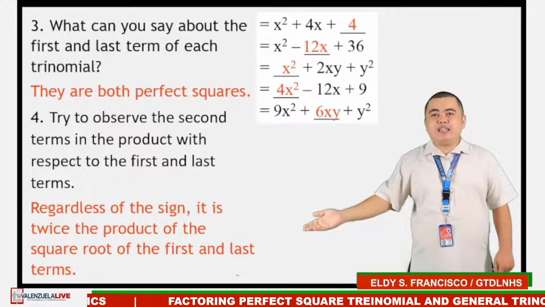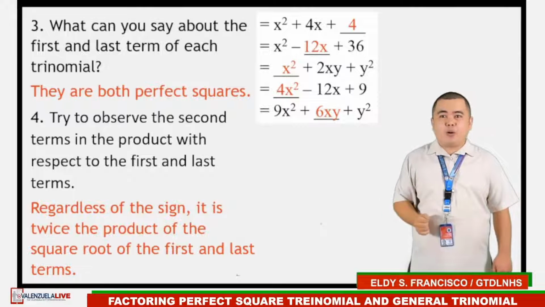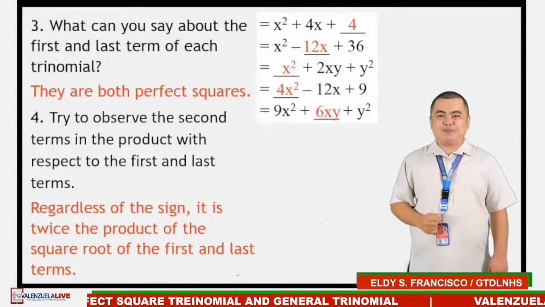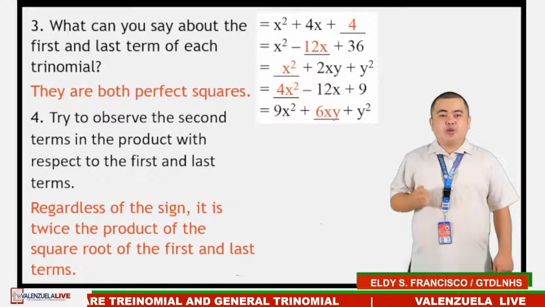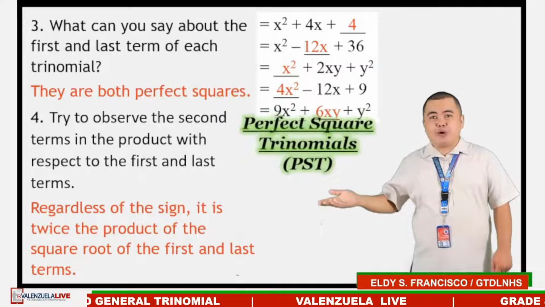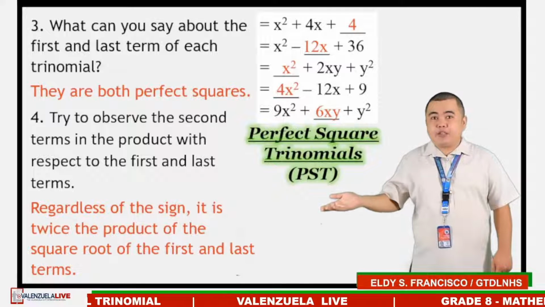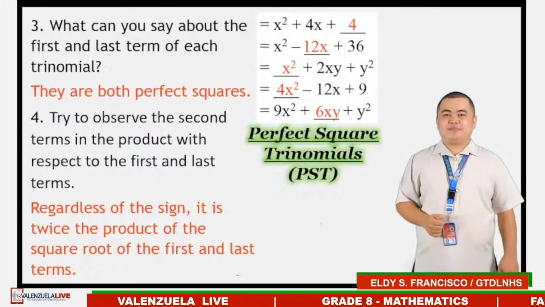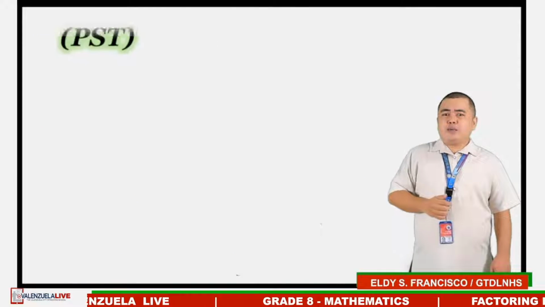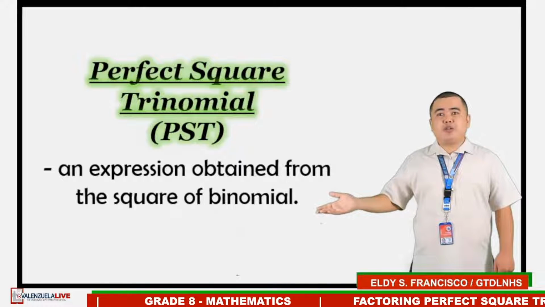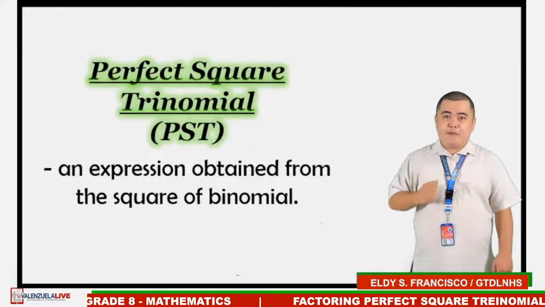Regardless of the sign, it is twice the product of the square root of the first and last terms. And because of that, those products are what we call perfect square trinomials or PST. So, what is a perfect square trinomial? It is an expression obtained from the square of binomial.